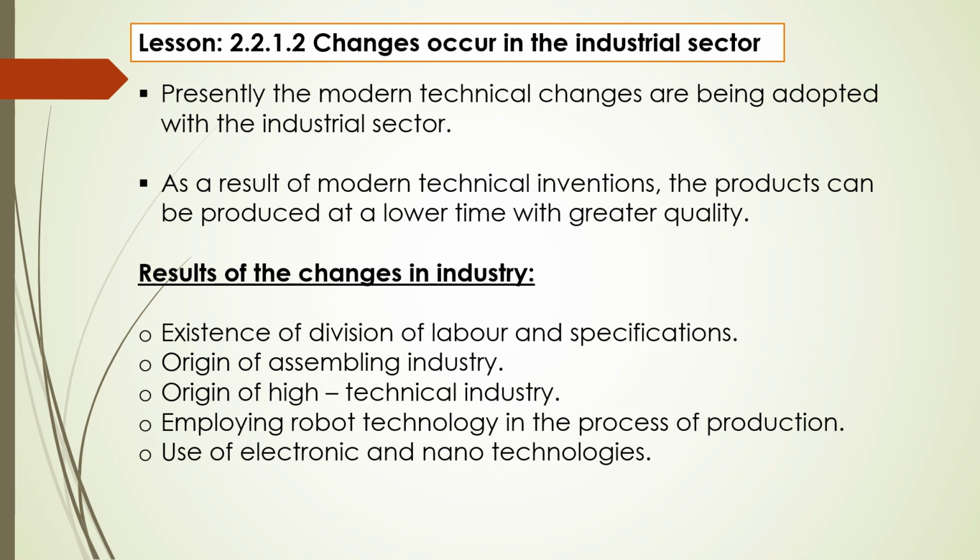For example, when you look at a modern car, or a car produced very recently, you can see there are many options in the car, and all the options are connected with electronics.